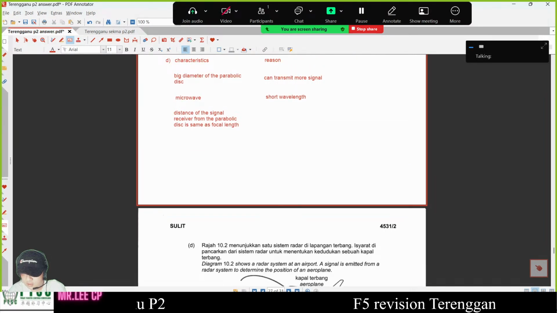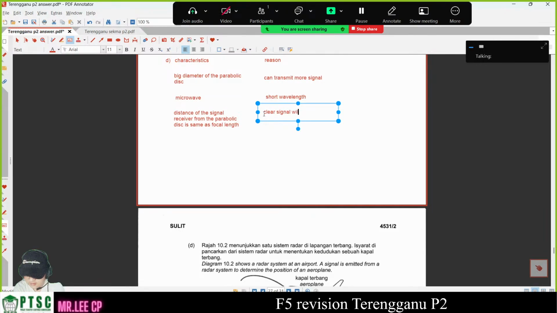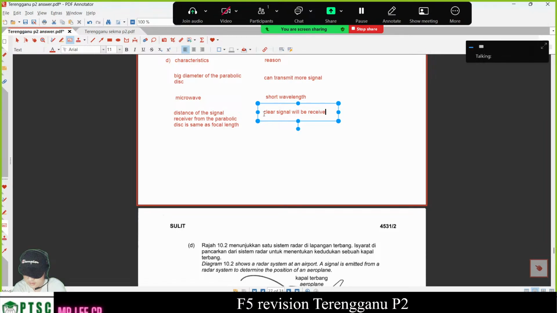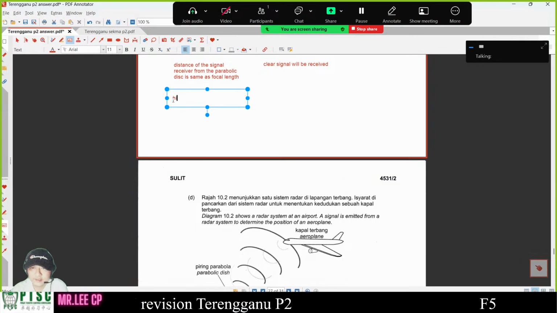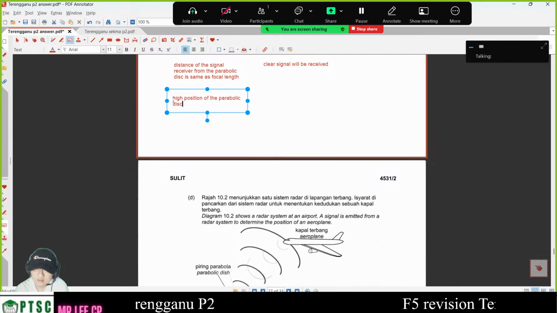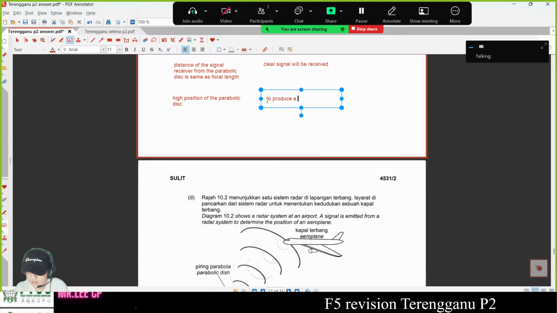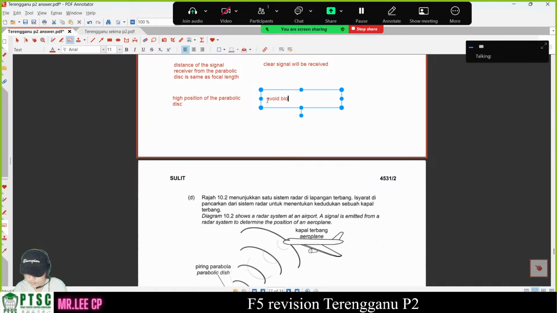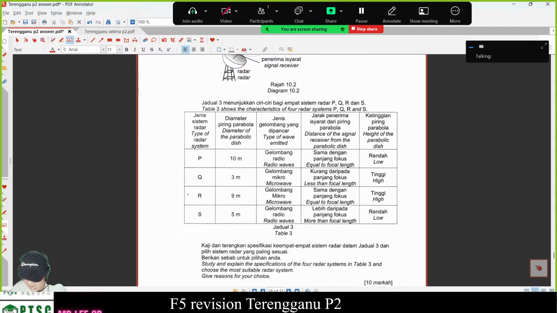So a clearer signal will be received. All right, and then the last one, the height of the parabolic disc is high, to avoid blockage.